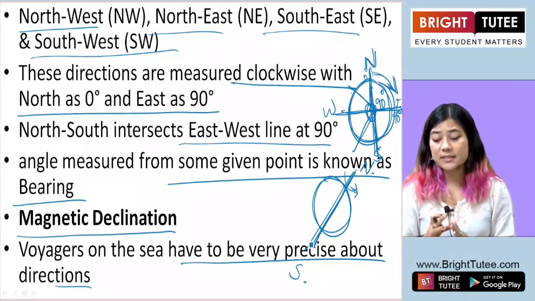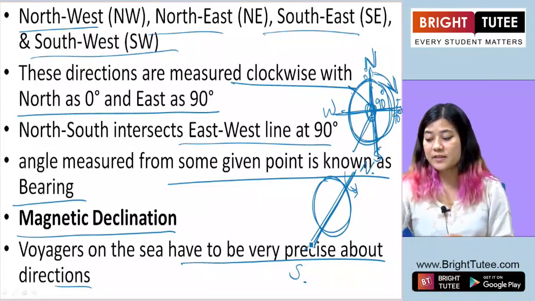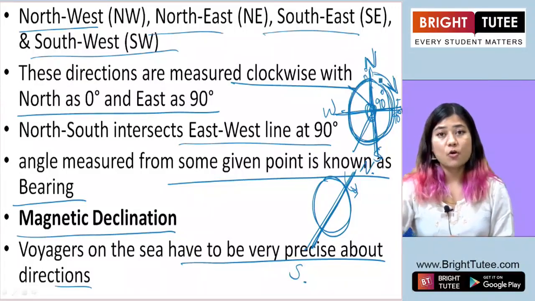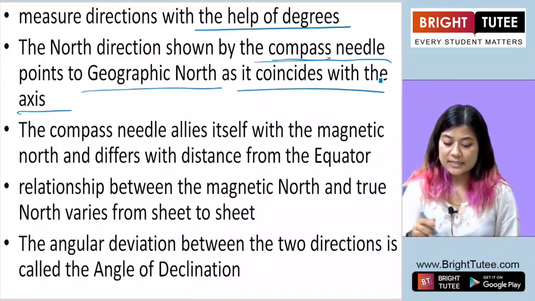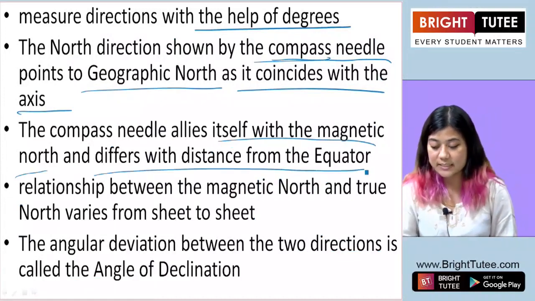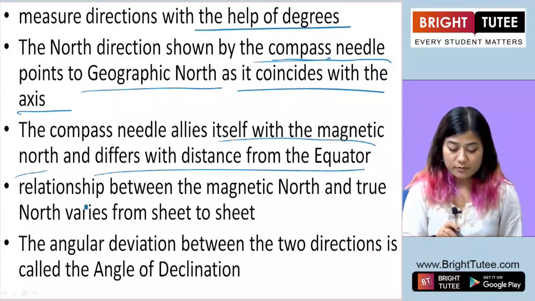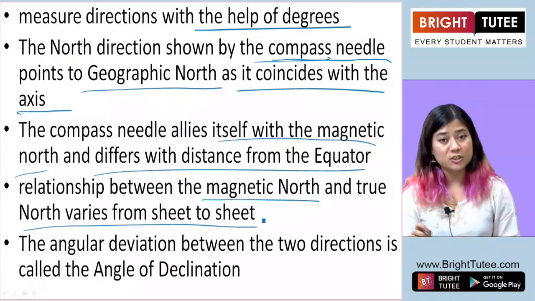So what we can understand is that the north which is shown by the compass is different from what we understand north as. The compass needle aligns itself with the magnetic north and differs with distance from the equator. The relationship between the magnetic north and the true north varies from sheet to sheet.